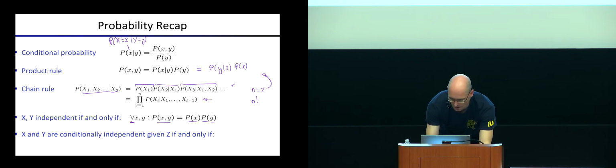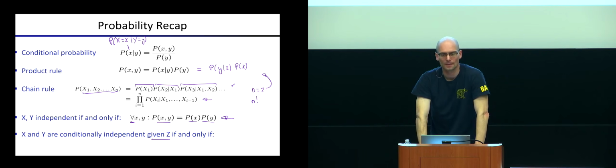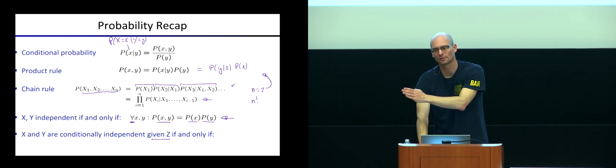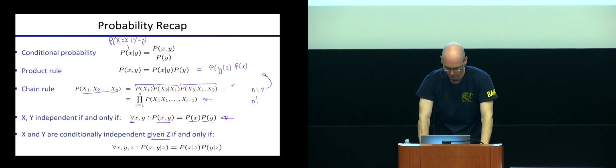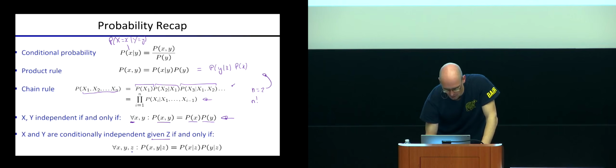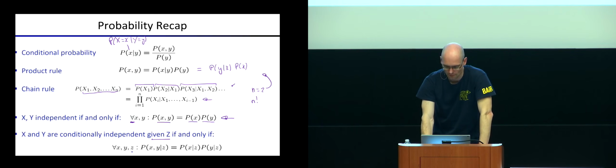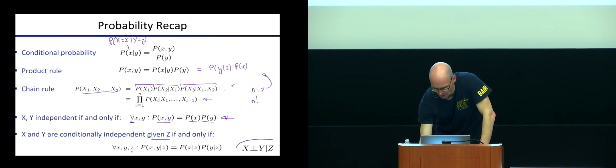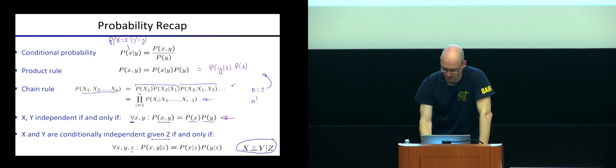X and y are conditionally independent given z, if and only if we have something that looks exactly like what we had before, but now everywhere there's a conditioning on z. That's the only change. And of course, it has to be true for all values of z. Shorthand notation: x independent of y given z.